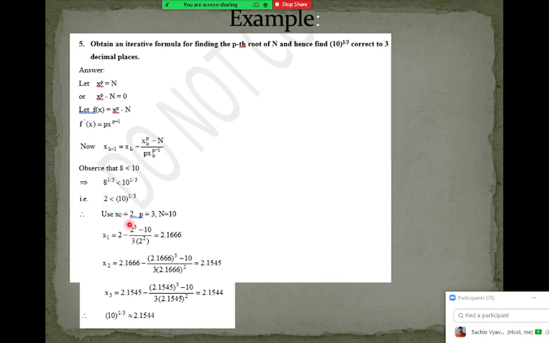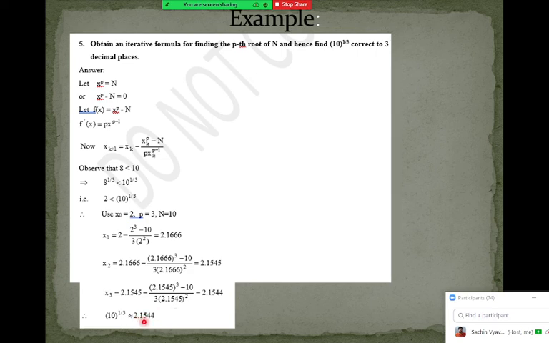Now remember, in this case, if someone takes x0 as 3, you have to do 5 to 6 iterations. Why? Because the root is 2.15, and this number is definitely closer to 2 than 3.